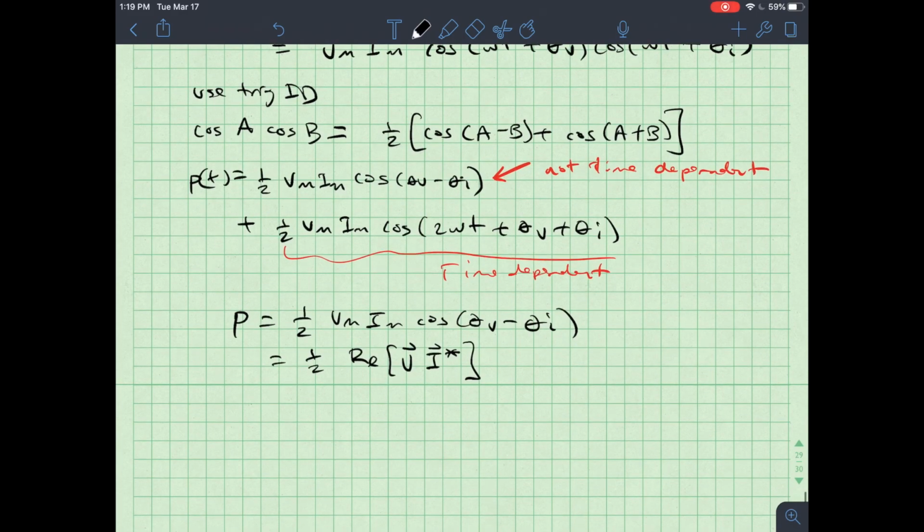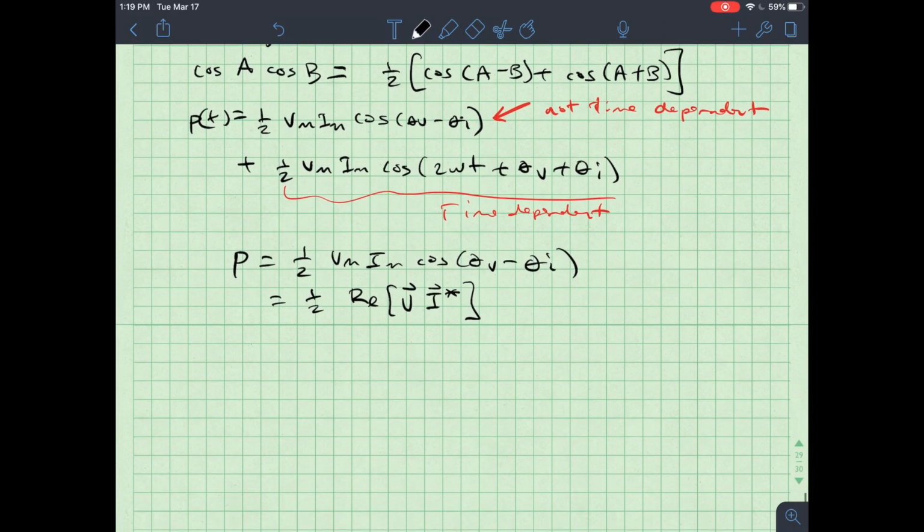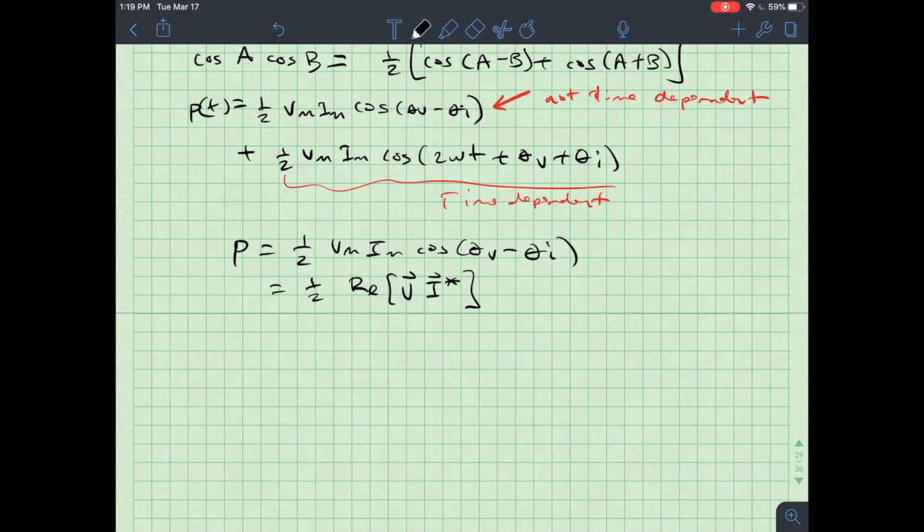Before I can apply that to an example, I want to point out the following. A resistive load, in other words R, absorbs power at all times.